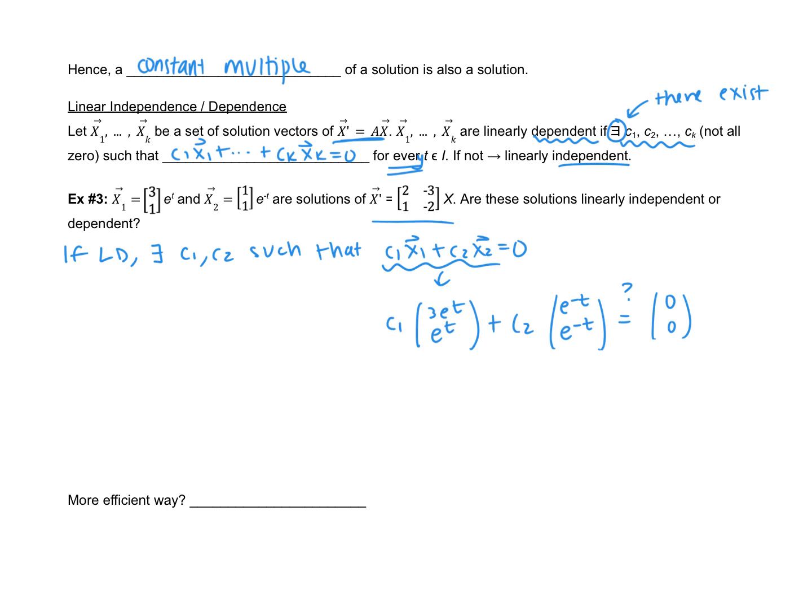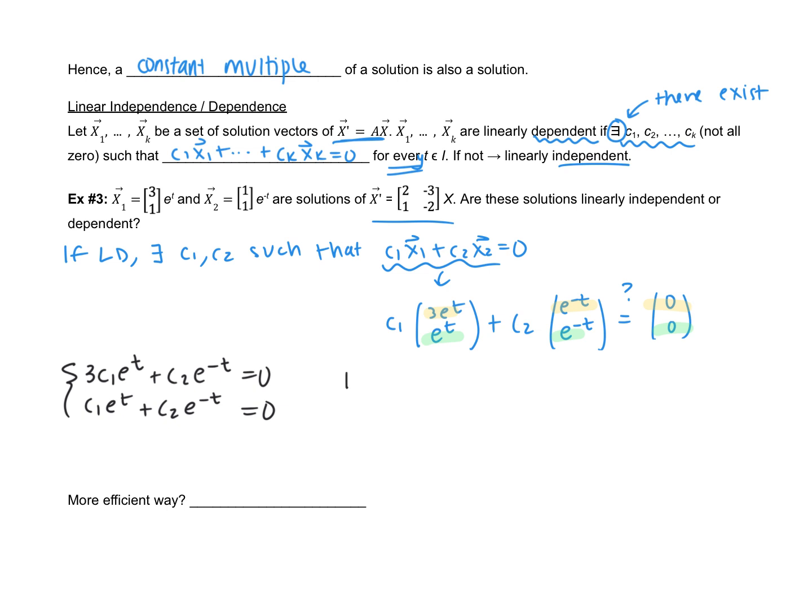Well, solving, we're going to look at the first components and the second components. That gives us 3c1 e to the t add c2 e to the negative t equals 0, that's in yellow. And the components in green give us c1 e to the t add c2 e to the negative t equals 0. This is the system we have to solve.